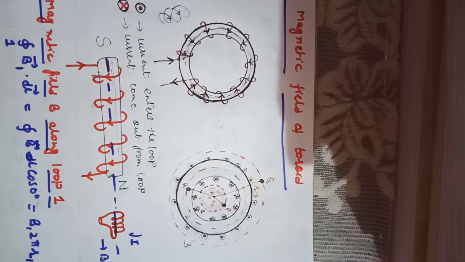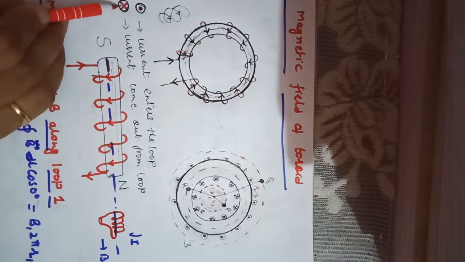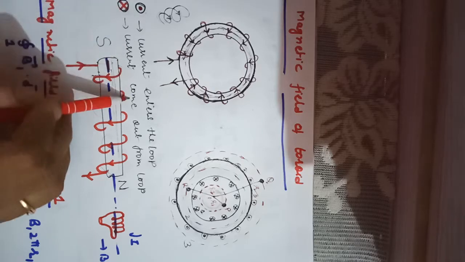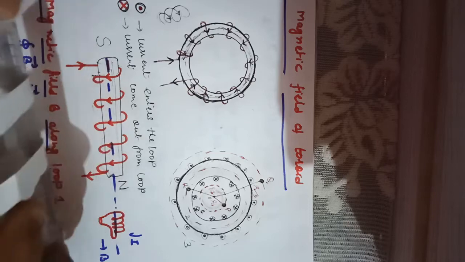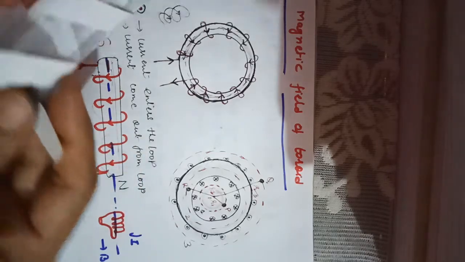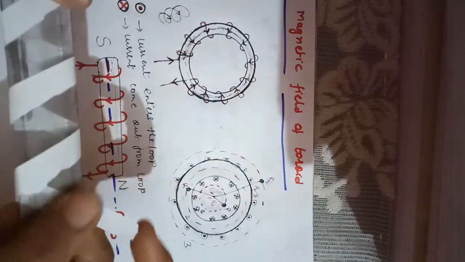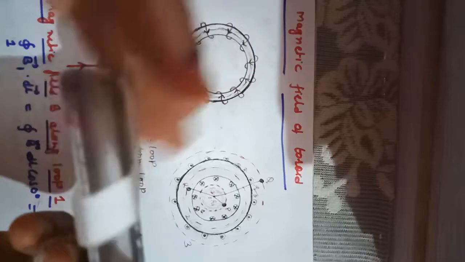The meaning of this dot sign is current comes out of the loop, and the cross sign represents current enters the loop, like this. See, I have made this arrangement, and in this arrangement, this is the solenoid.